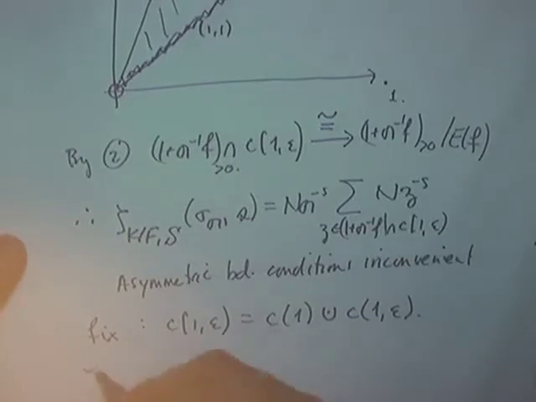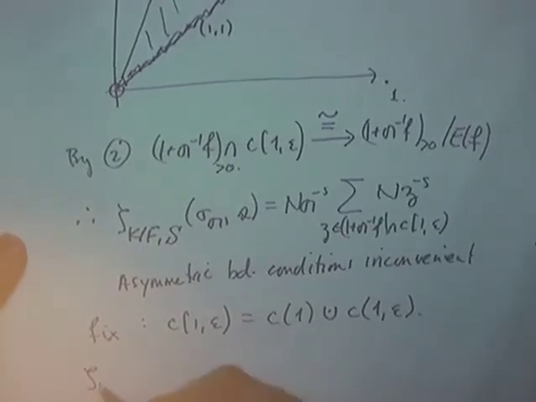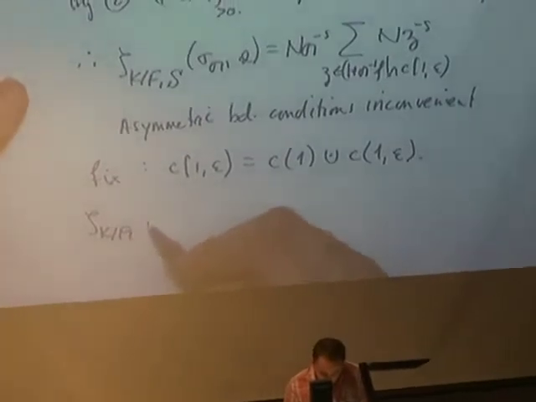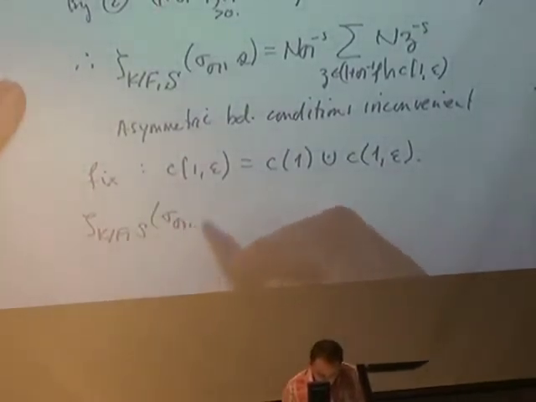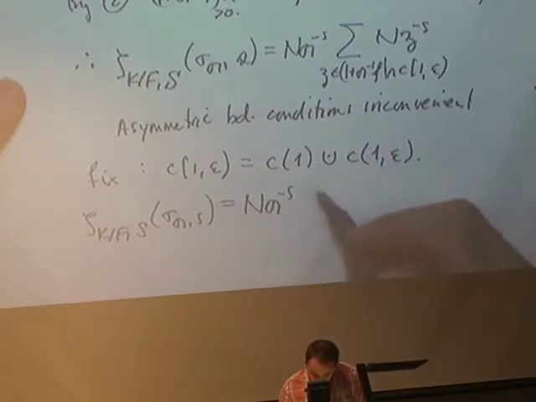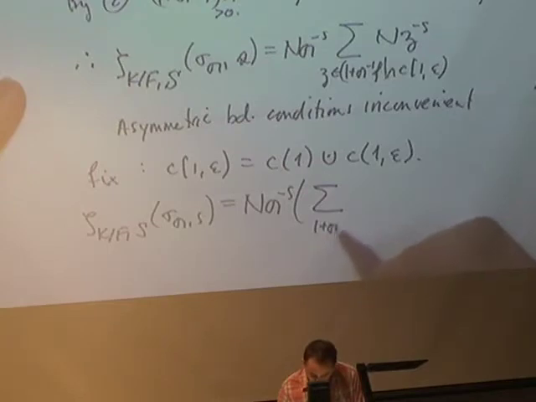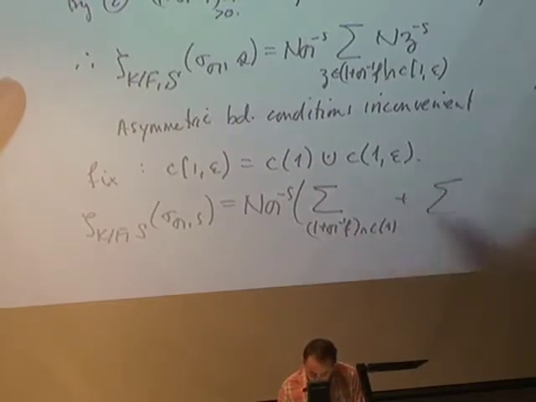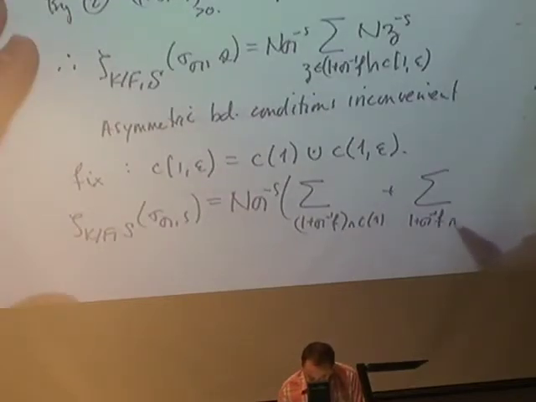And what I get is a corresponding decomposition of the partial zeta function. I'll get norm of A to the minus S times two sums, the sum now over 1 plus A inverse F intersects C of 1 plus a sum over 1 plus A inverse F intersects C of 1 epsilon.